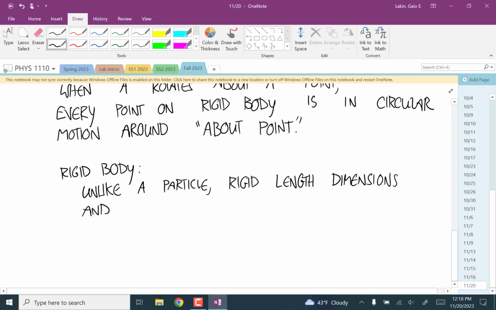And you can talk about their orientation. You could paint a dot on one part of the rigid body and track where that dot is facing at any instant. You can't do that on a particle. There's no such thing as that.